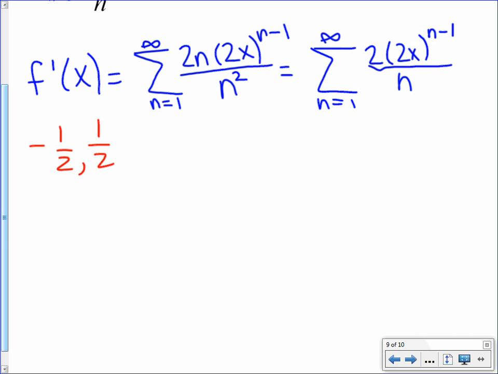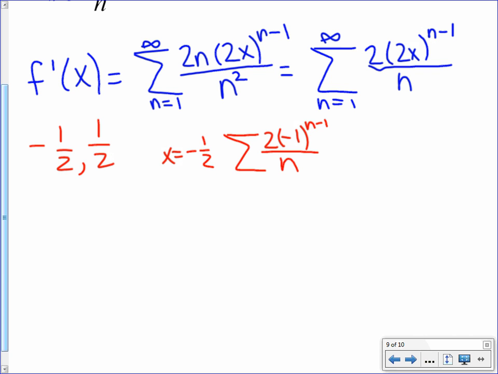Our endpoints are just going to be affected, so let's talk about x equals -1/2. So this becomes 2 times -1 to the n minus 1, correct? Yep. It's an alternating series, right? With 2 over n.